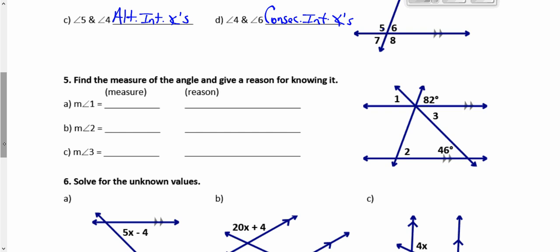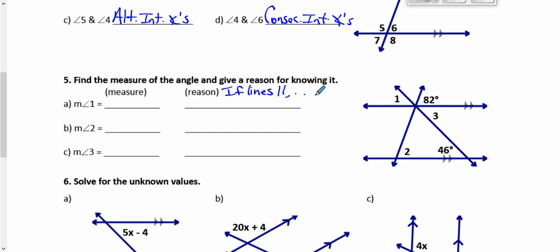But each of these reasons, like in a proof, would start with: if lines parallel, dot, dot, dot. Then the reason, okay? Because the only reason a pair of alternate interior angles would be congruent is if the lines are parallel, okay?